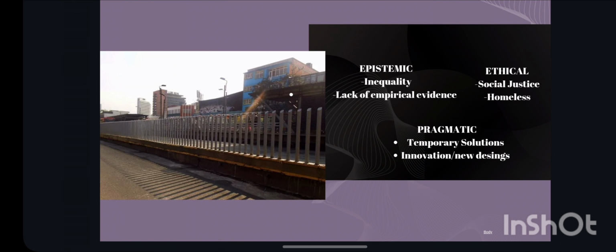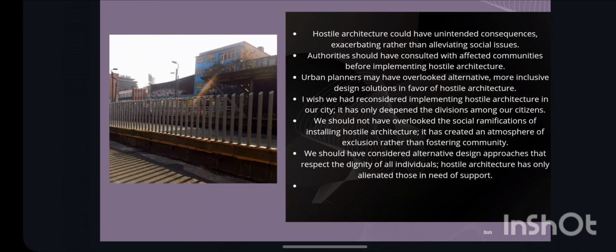As a result, hostile architecture merely displaces the issue to other areas or exacerbates tensions between different user groups without offering long term solutions. So, hostile architecture could have unintended consequences, exacerbating rather than alleviating social issues.